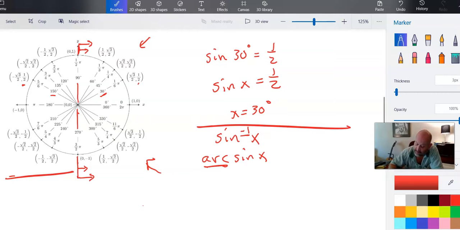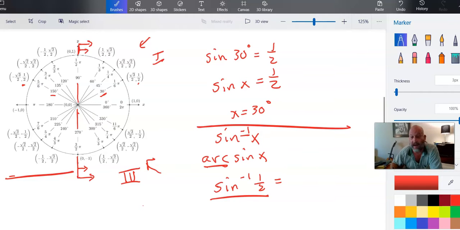And from what we found out here, if I took the arc sine, the sine inverse of, not 30 degrees, sorry, I'm saying it backwards, of 1/2, what that's asking me is what angle gave me 1/2? What angle did I take the sine of to get 1/2? So we go up to our unit circle and look only in the first and the fourth quadrants and find a 1/2 in the y value, because sine is y.